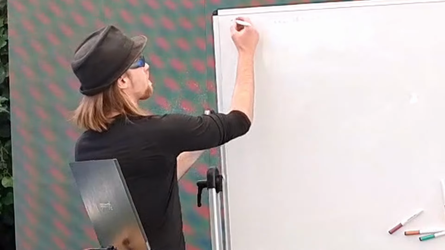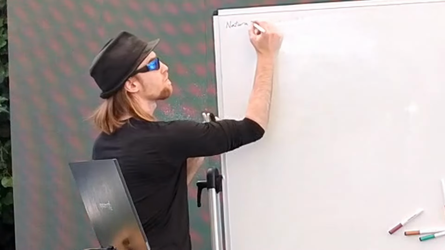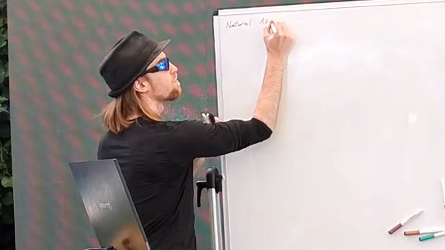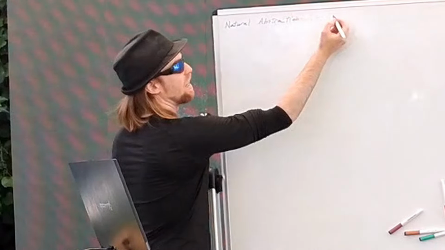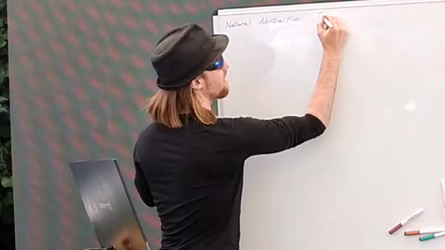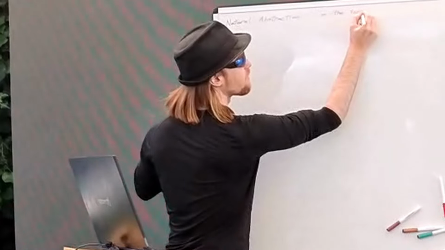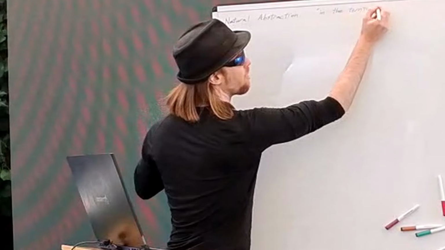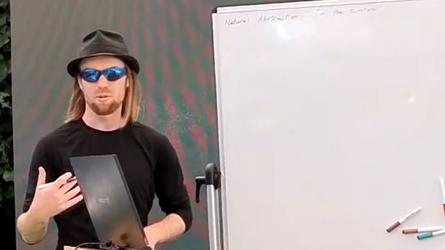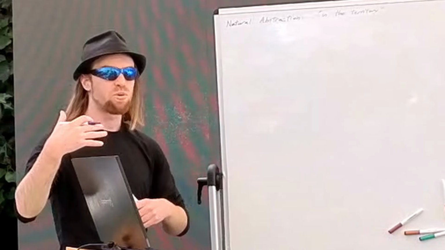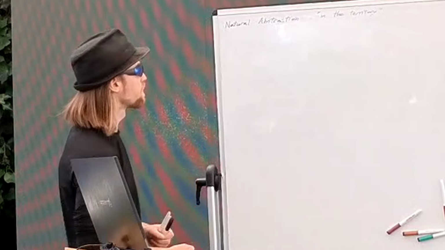So first category of things is going to be natural abstraction. And in scare quotes, I'm going to say this is in the territory. So already at this point, we are going to be talking about framing things in terms of agents, but we're going to be trying to bring in agents in order to establish things that are kind of agentic.